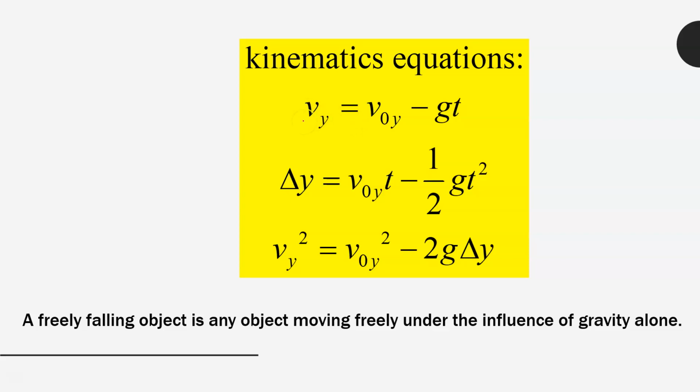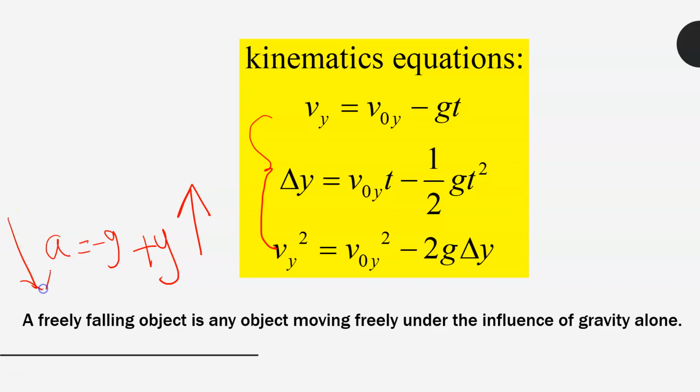So as you can see, these 3 are the kinematic equations that we just came up with, and we can use them for a free falling object. It is conventional to define up as the positive y direction and y as the position variable, which means a is equal to negative g, which is going down.